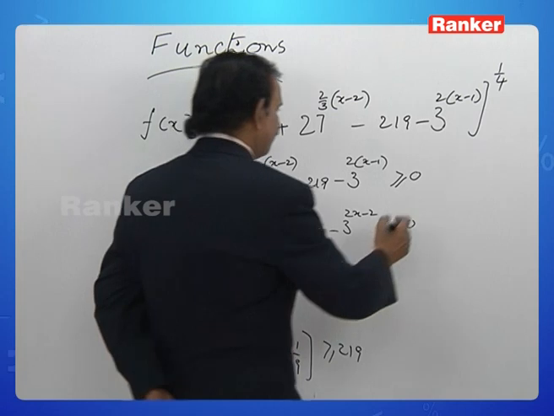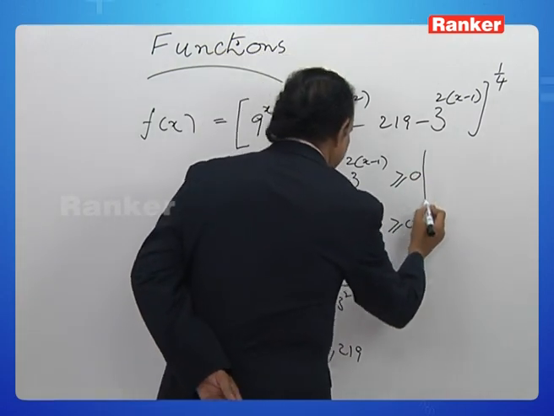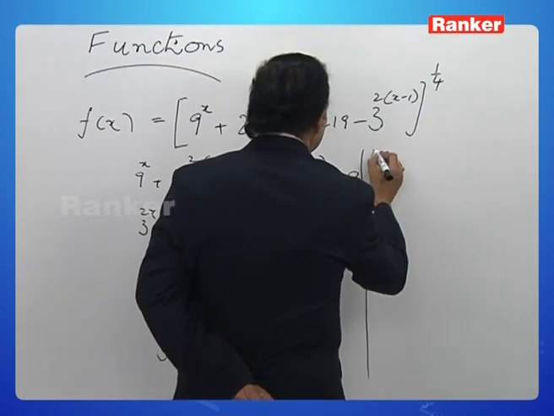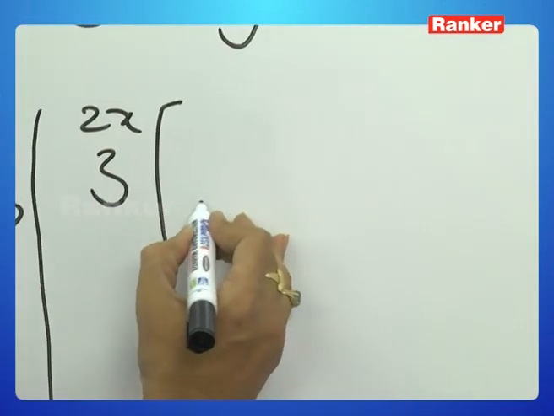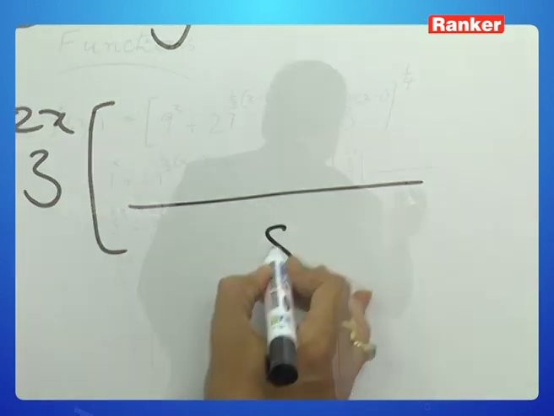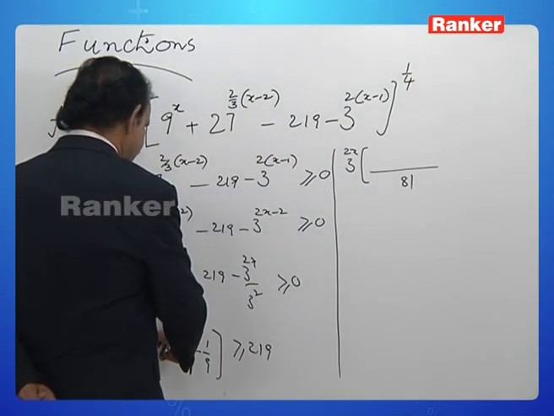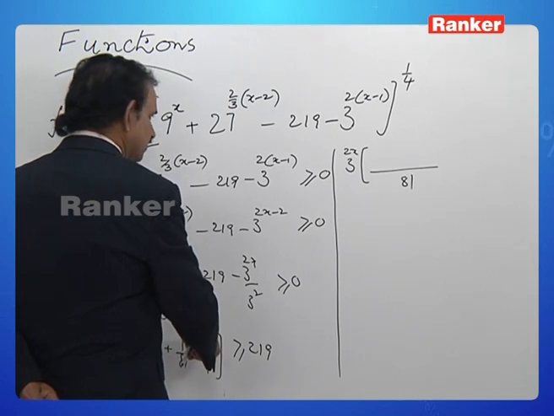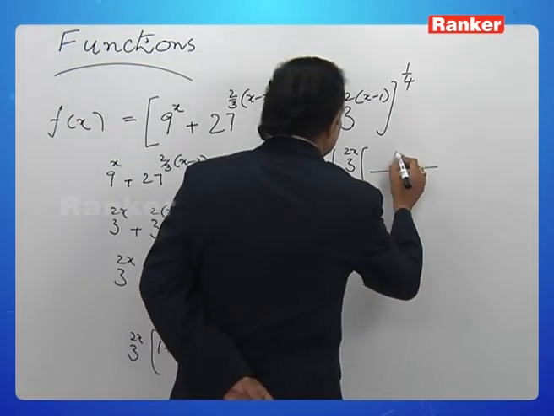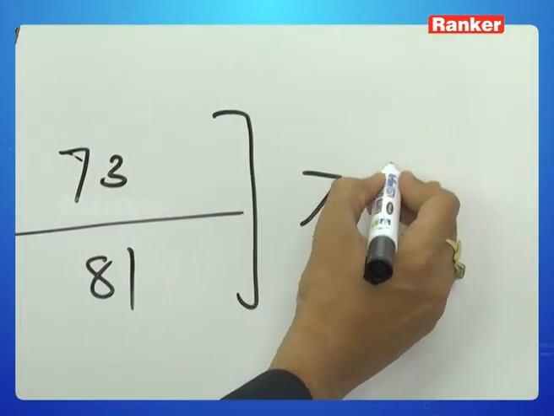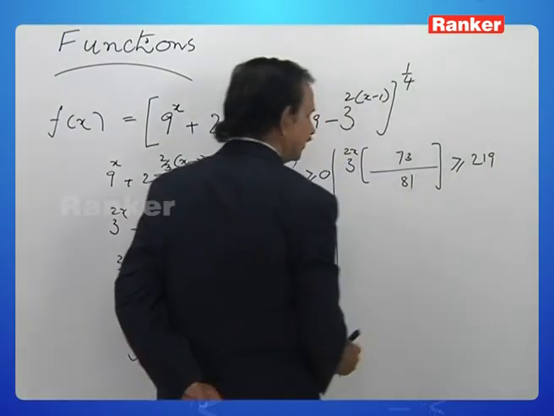Let us simplify this. 3 power 2x into, LCM is 81. 81 plus 1, 82, minus 9, 73. It is 73 by 81 greater than or equal to 219.